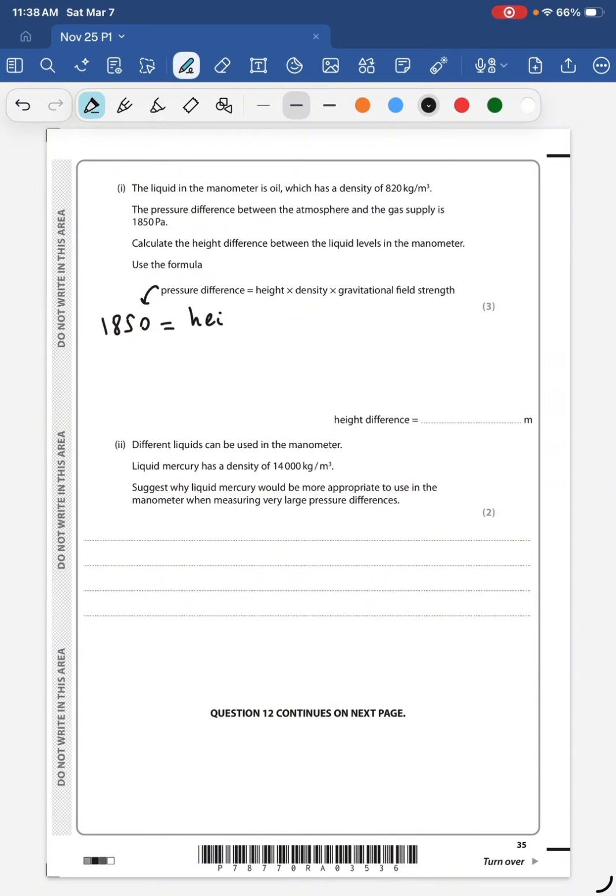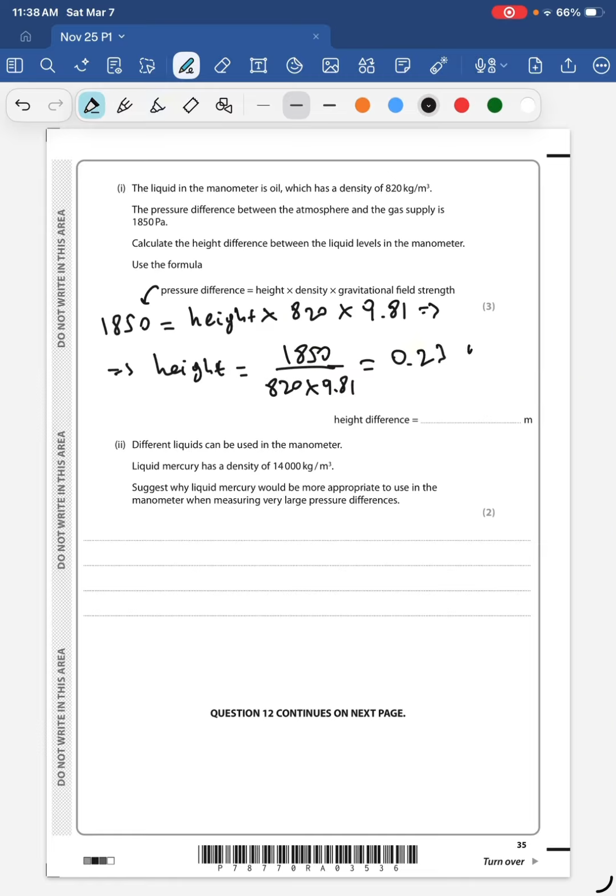Let's call it height times 820 times what is the other? Gravitational field strength, 9.81. So height is 1850 over 820 times 9.81 in the denominator, and this is 0.23 meters.